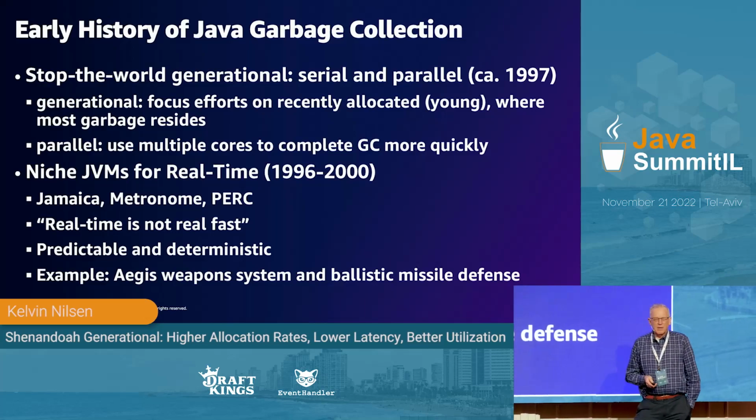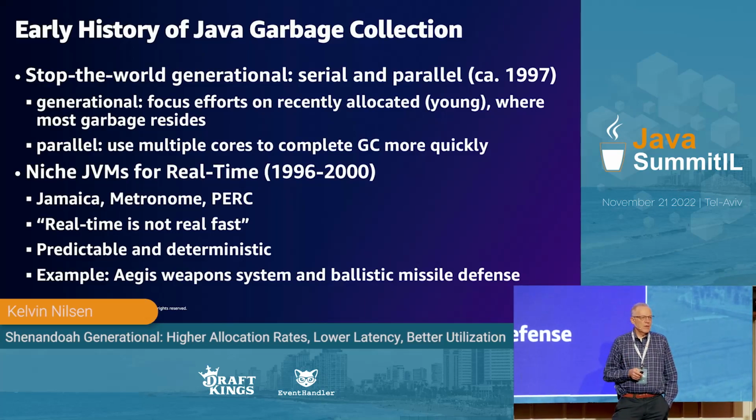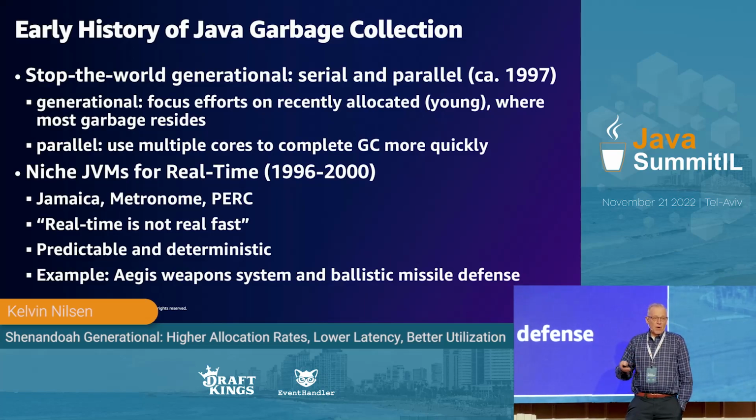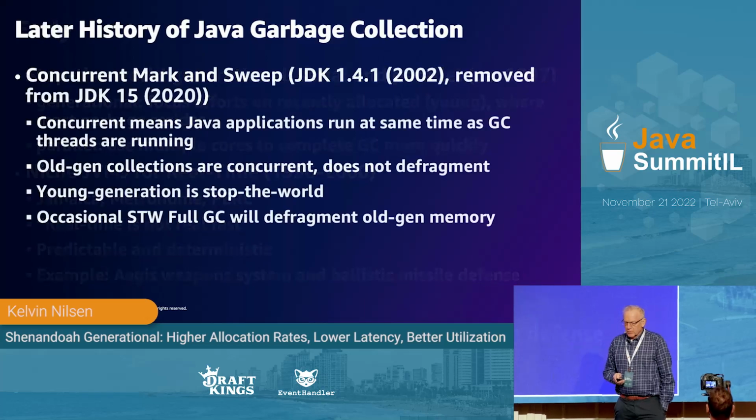The focus of a real-time garbage collector is being predictable and deterministic, but not necessarily fast. But this has been used in a variety of automation applications, including weapon systems. And it has evolved into the work we're doing now with Shenandoah pauseless garbage collection.